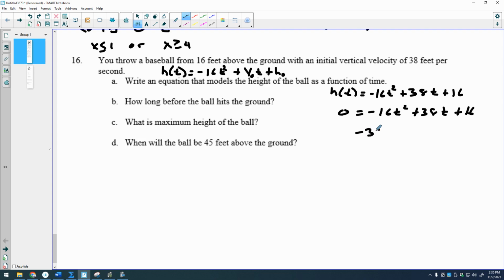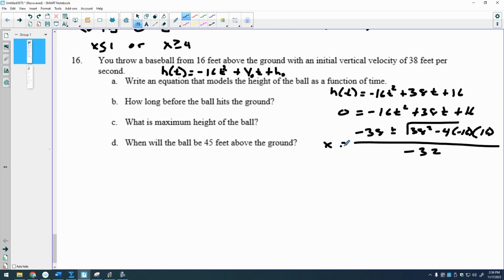I'm going to do quadratic formula. Negative b plus or minus the square root of b squared minus 4 times a times c all over 2a. And a is 16, so it's a negative 32. So there's my x equals. Grab a calculator, type that mess in. And when I do that, I get two answers.